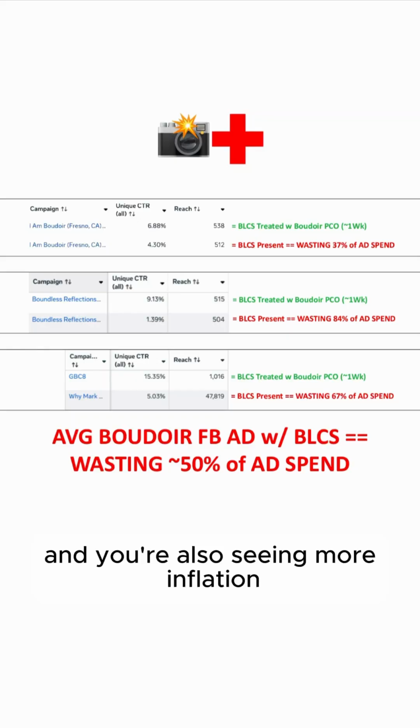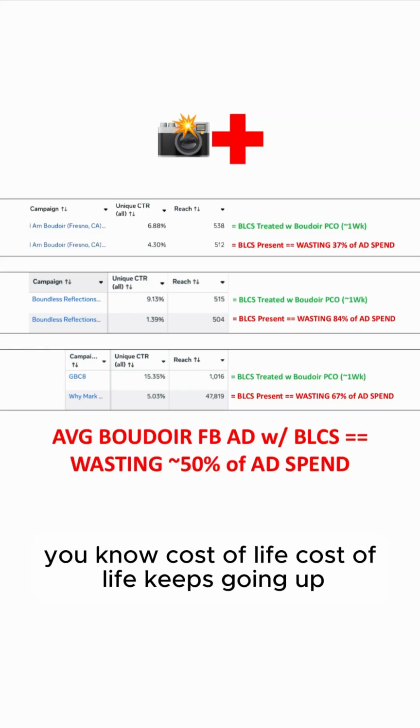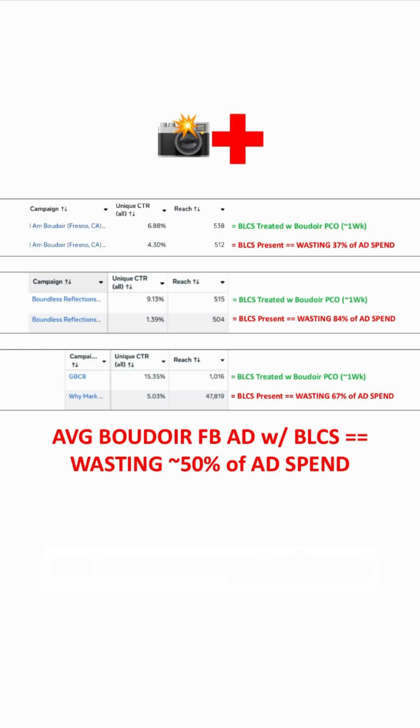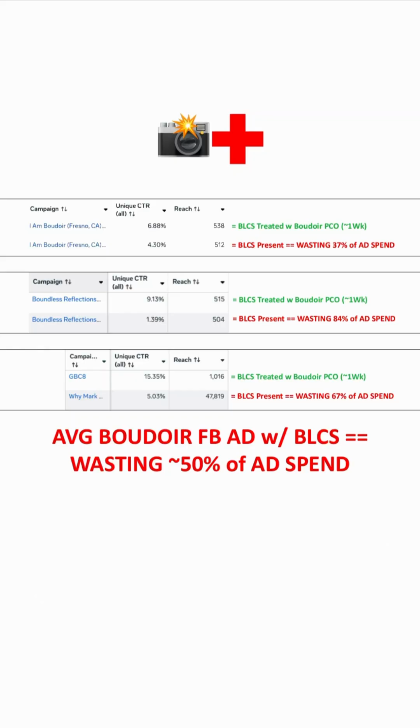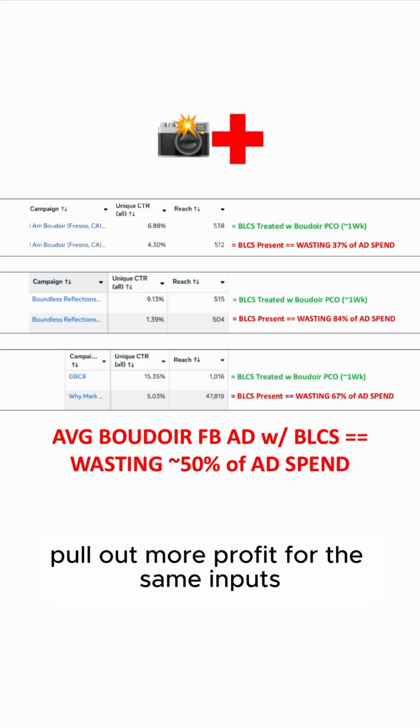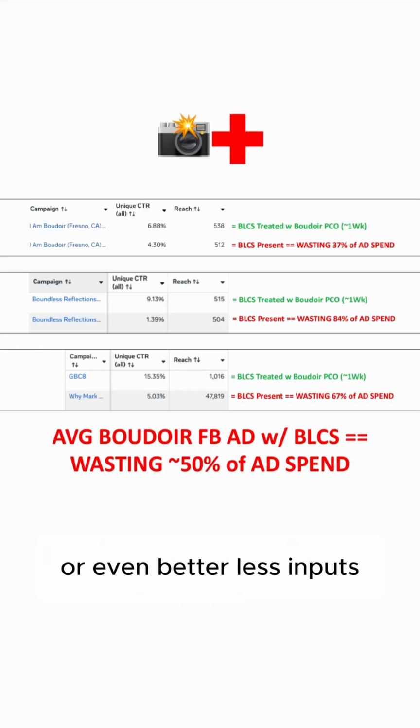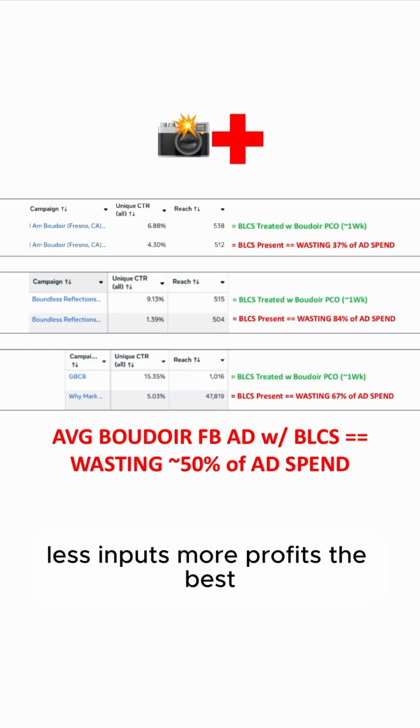And you're also seeing more inflation, cost of life keeps going up. And as that keeps going up, you've already been taking action to optimize other parts of your business, pull out more profit for the same inputs or even better, less inputs, more profits, the best.